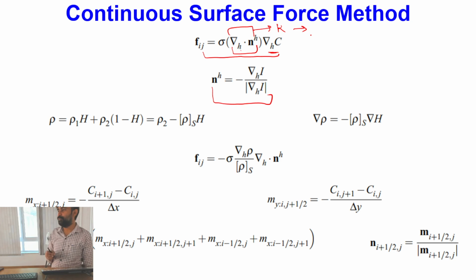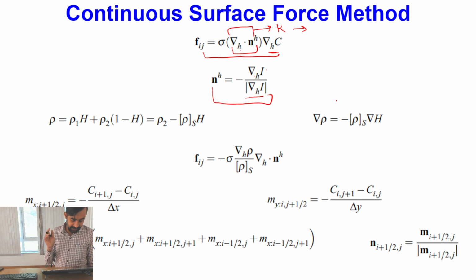Okay. So mean curvature, I have already told you, it can be written in terms of divergence of the normal vector. Now, the normal vector we already know can be written as minus of gradient of indicator function divided by magnitude of gradient of indicator function.